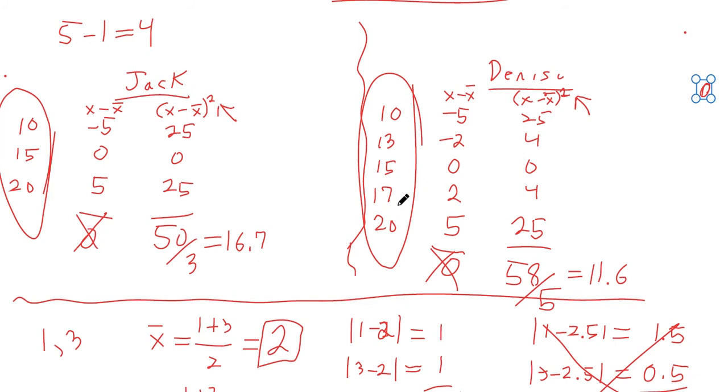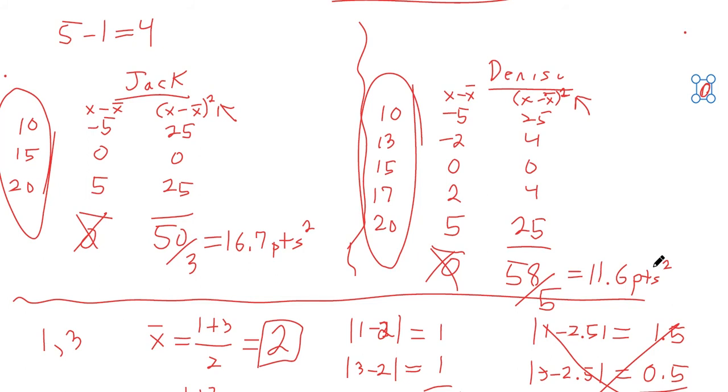If these were quiz scores, like 10 points, 13 points, 15 points, I have found a distance of 11.6 points squared, or 16.7 points squared. If these were feet, measuring like distance in feet, then my value would be in feet squared, which is describing an area, completely different dimension.